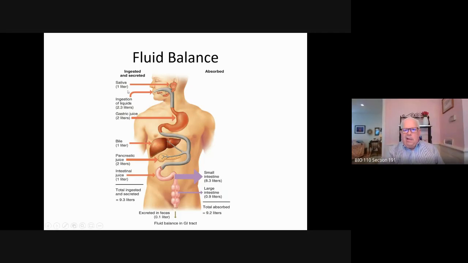Look here. 1 liter of saliva, 2 to 3 liters, 2.3 liters of liquid. All this fluid is absorbed by the small intestine. Look at it. 8.3 liters is absorbed into the bloodstream in the small intestine.